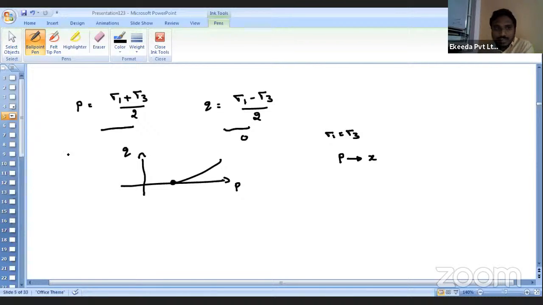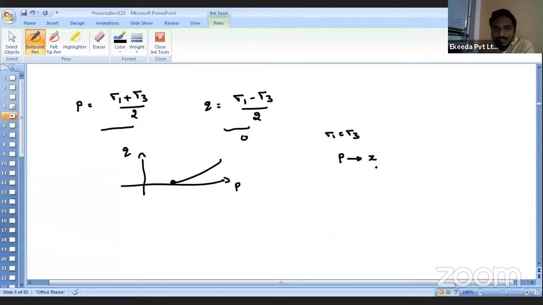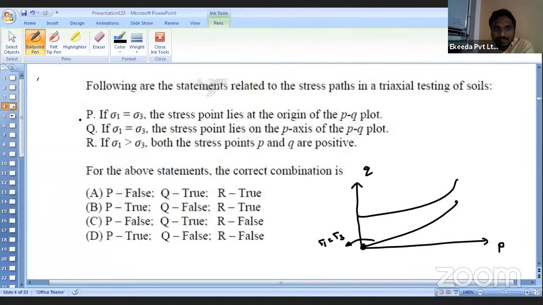So with this, let us come to the conclusions. What is the first statement? If sigma 1 equal to sigma 3, the stress point lies at the origin. But does it exactly lie at the origin? No, it starts from some shift along the x-axis. So our first statement is false. Then what about the second statement?